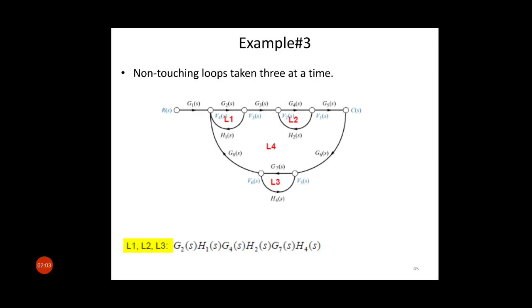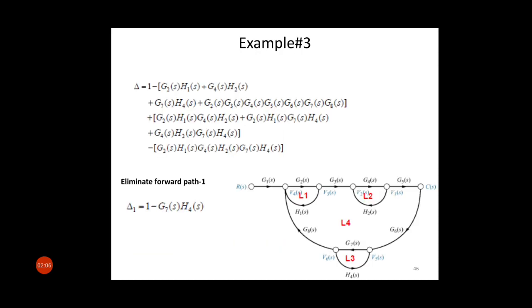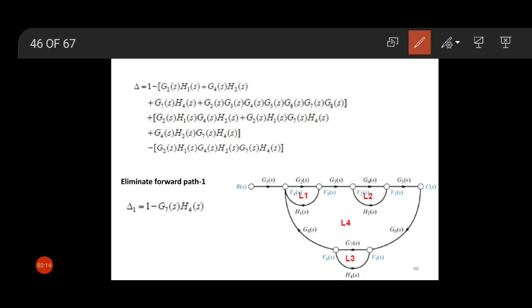Now we calculate the del. Here I express the del. Del is equivalent to 1 minus the sum of all individual loop gains, which I have mentioned here, plus the sum of the gain products of all possible combinations of two non-touching loops.